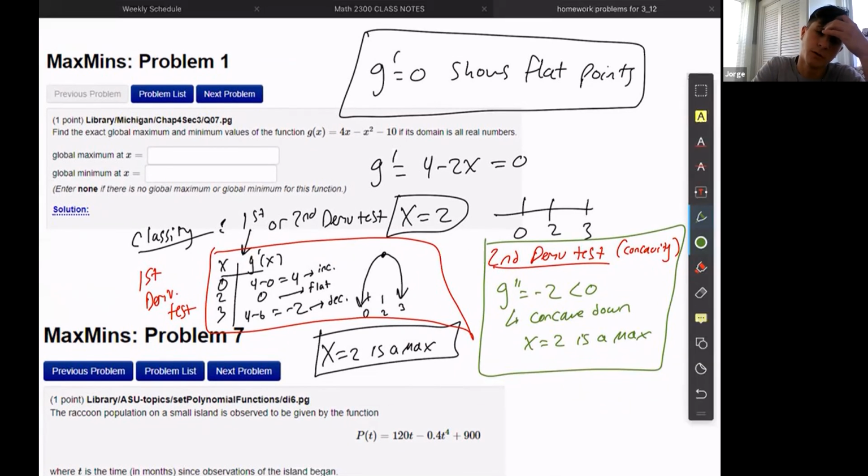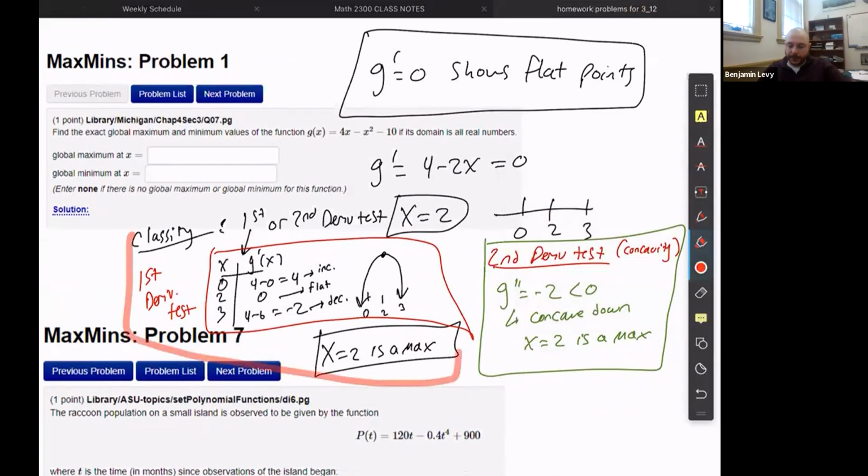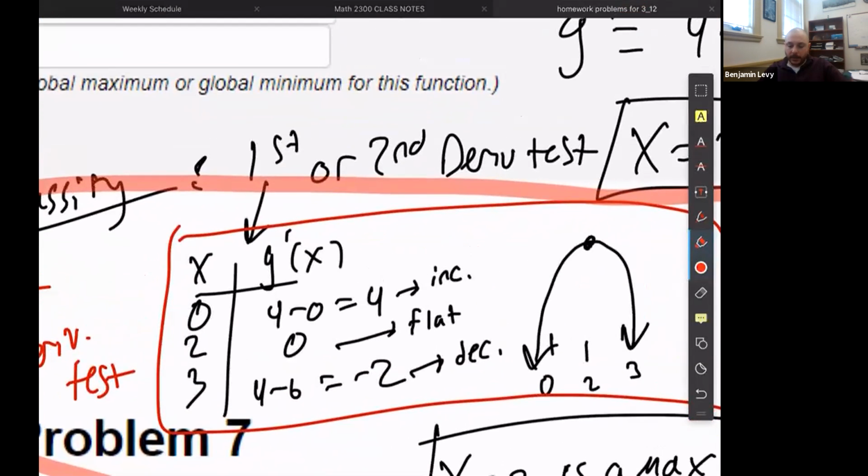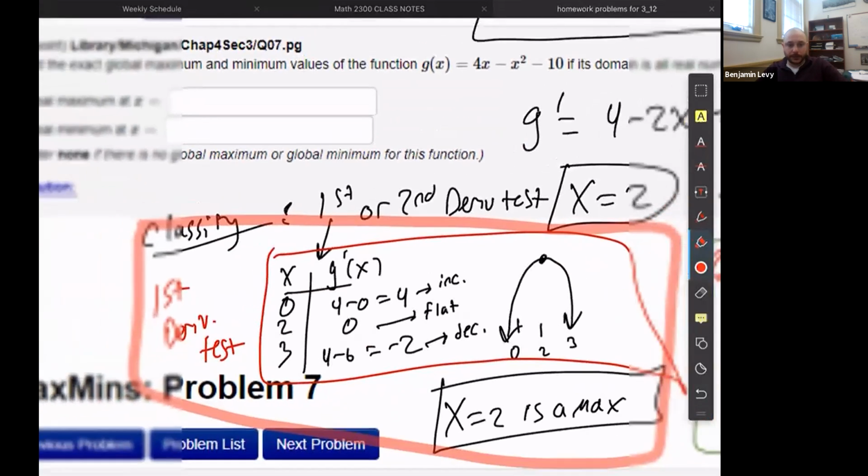So the first thing that you did on the table, that's the first derivative test? Yes, this thing on the left is the first derivative test. I'm making a table of points around the critical point, and I'm plugging them into the first derivative. That's why it's the first derivative test, because you're using the first derivative.